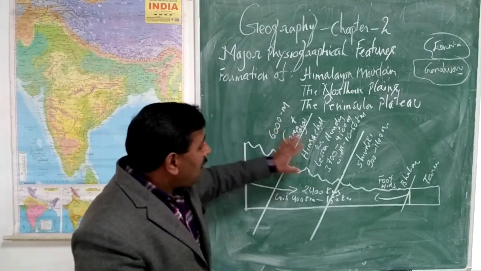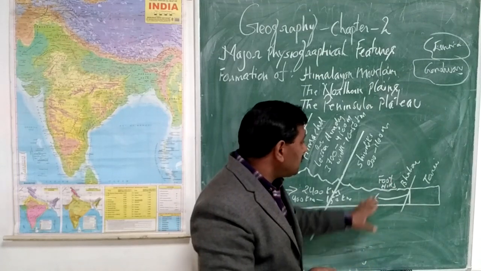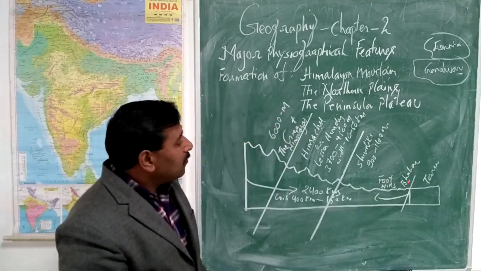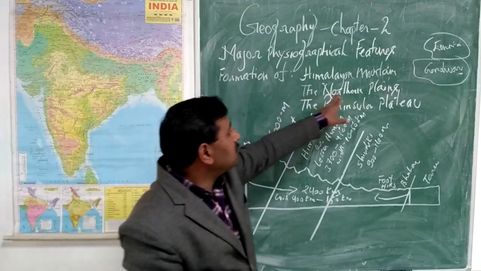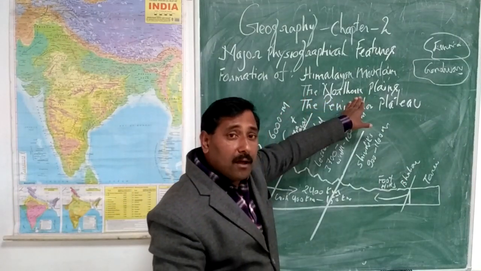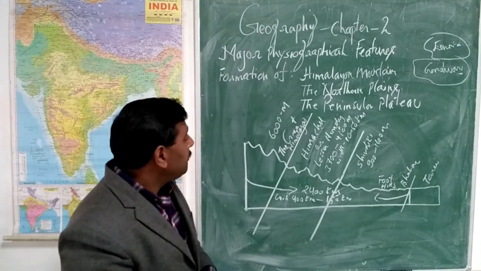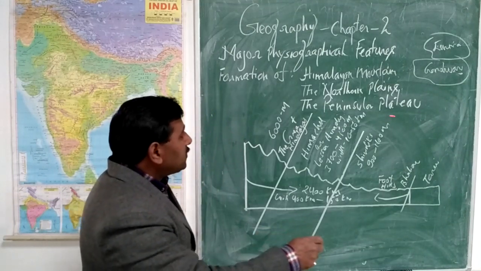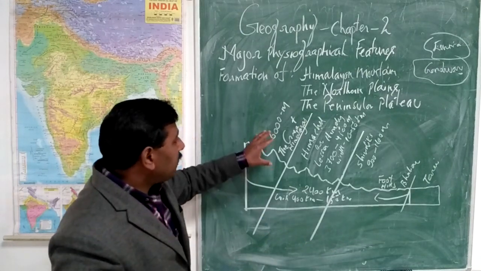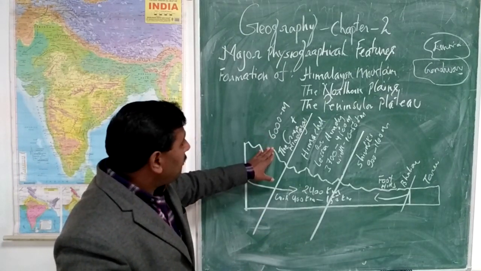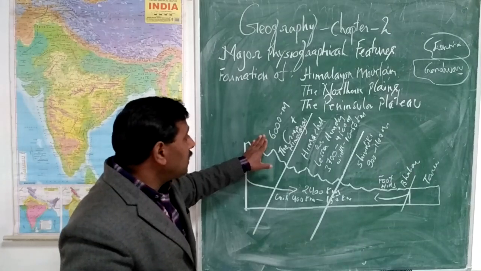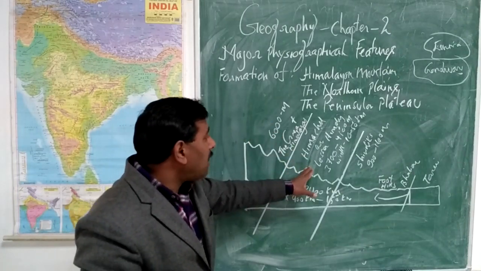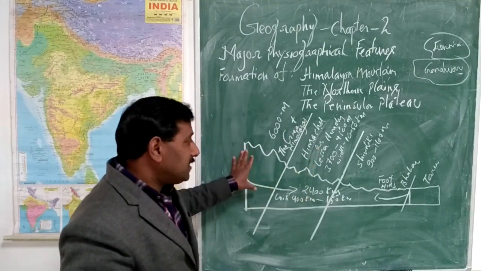So after this we have the foothill regions after the Shivaliks, and then we have the plain area, Bhabar and Tarai, which we will discuss in the northern plains topic. So I hope you have understood this cross section, where the Greater Himalayas have an average height of up to 6,000 meters, and to the south we have the Himachal or the Lesser Himalaya.